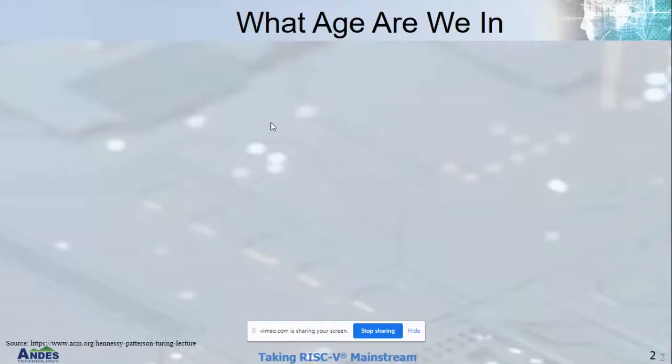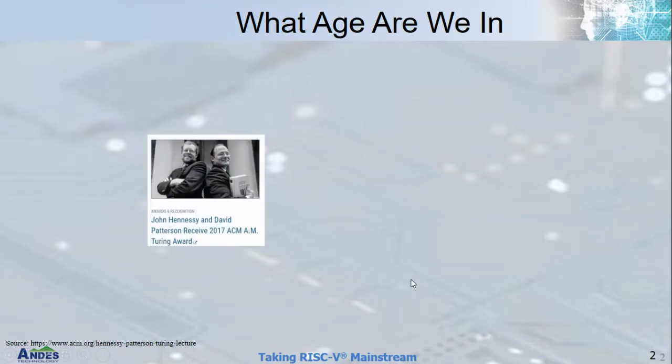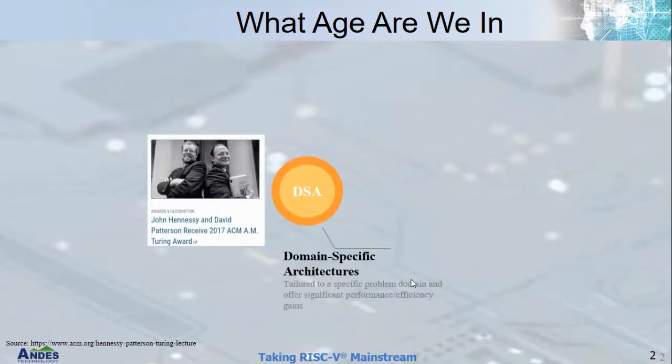And I want to start by saying which age we are in. I think it is the age of the domain-specific architecture. That means you can add your domain-specific architecture and the instructions you want, like Jeroen said, adding it at Espressif to make it faster, to make it better for AI.